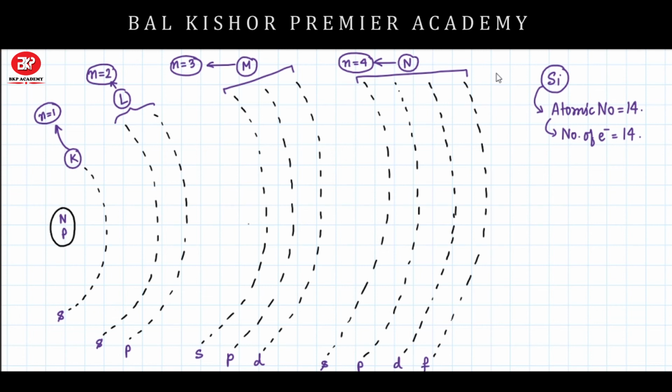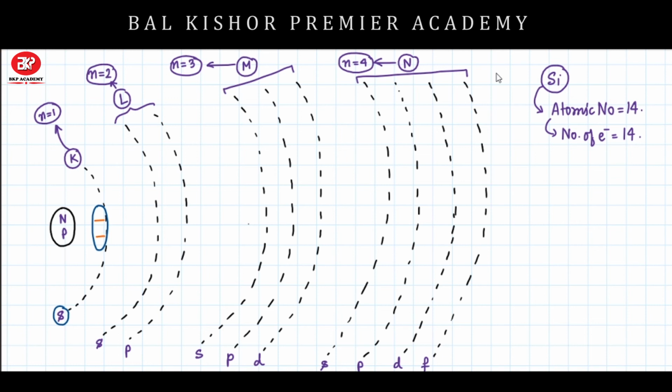For the first energy level, we have one subcell, the S subcell, and this S subcell can contain one orbital, and inside this orbital we can have energy states.